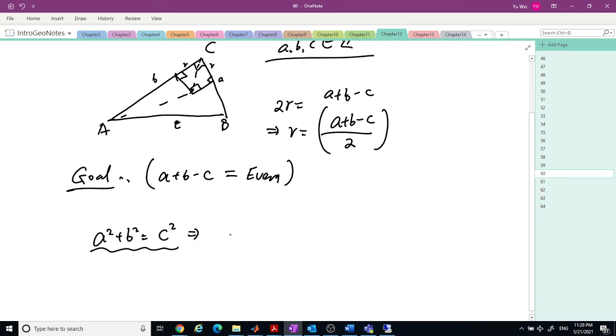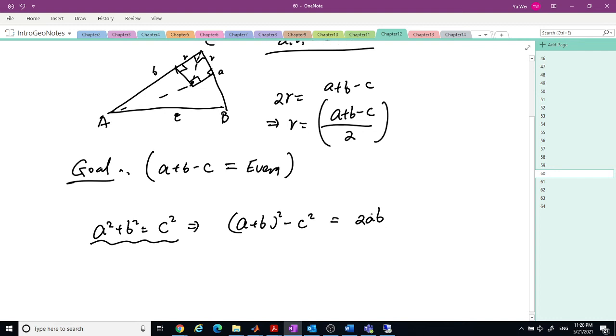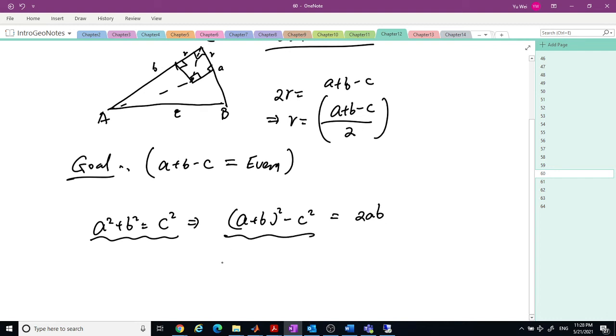So from here we know (a plus b) squared minus c squared will equal 2ab, right? Okay, and this can be factorized as (a plus b plus c) times (a plus b minus c) equals 2ab, right? This side is an even number, right?